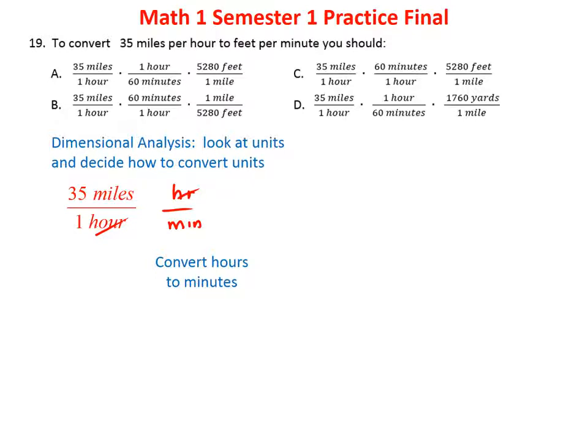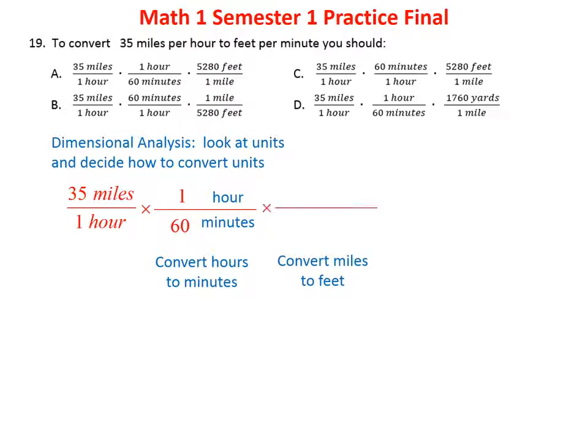How many minutes are in an hour? There are 60 minutes in 1 hour. So the first conversion is 60 minutes over 1 hour.